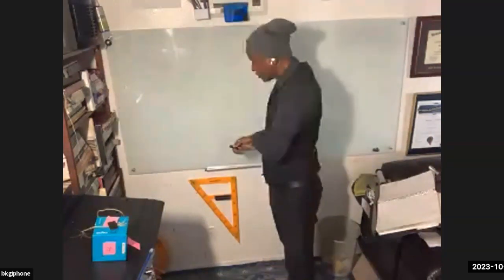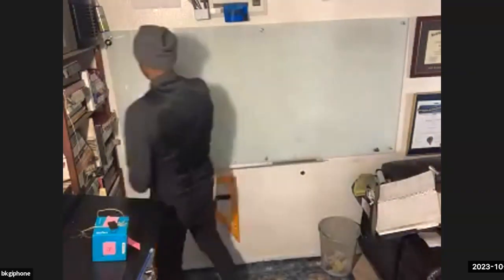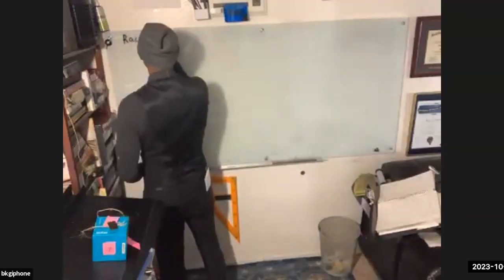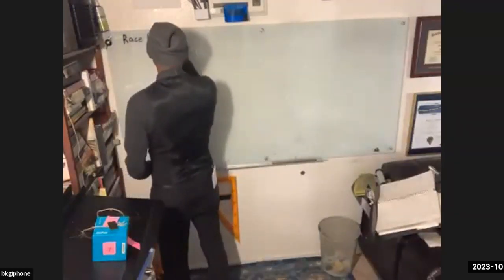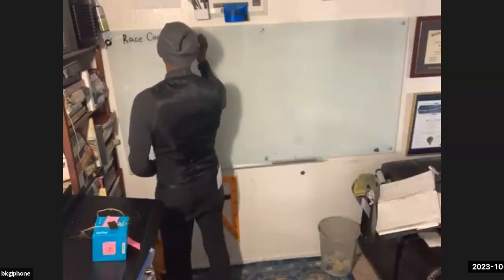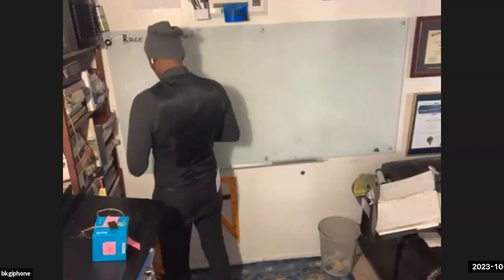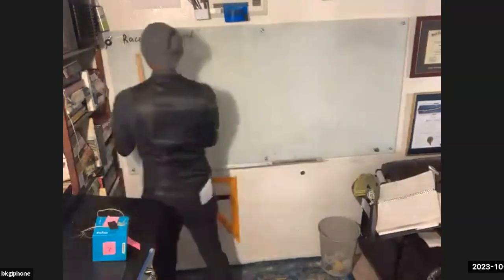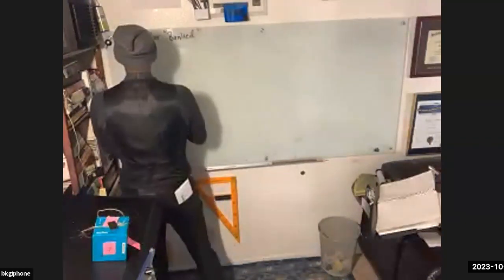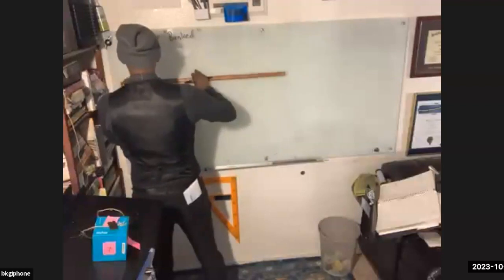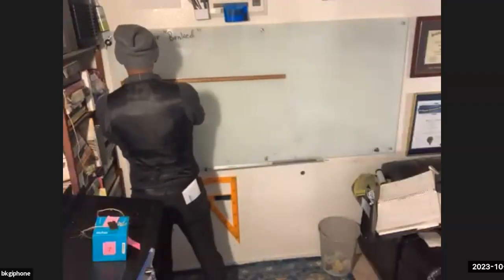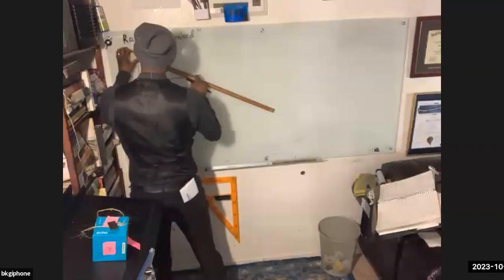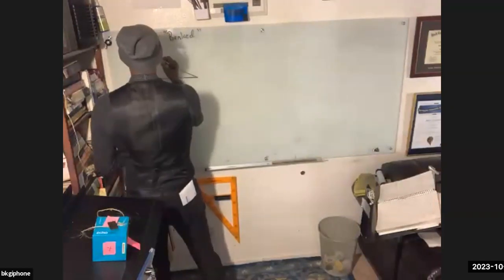Okay, so race car again. Race car on a bank. Banked. Okay, so again, this is the setup.